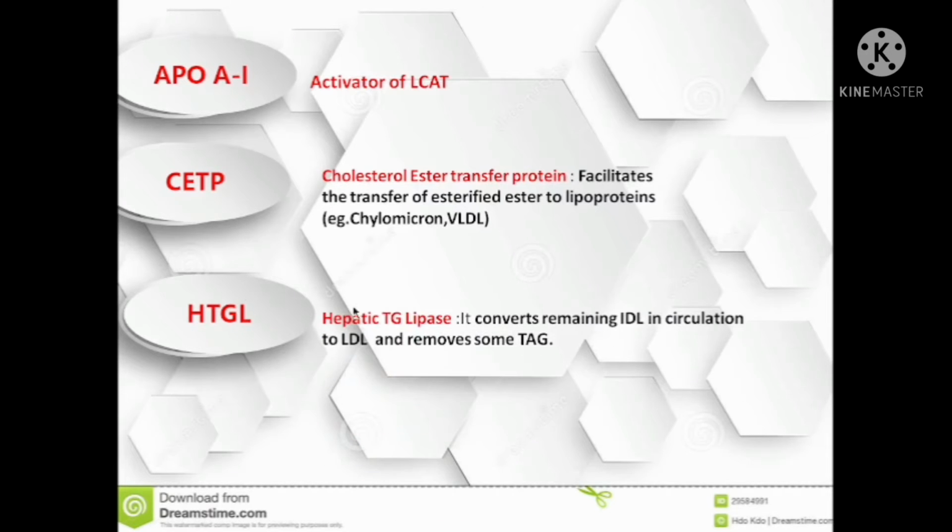Another one that we talk about is hepatic triglyceride lipase.